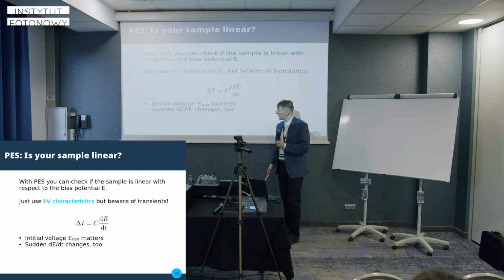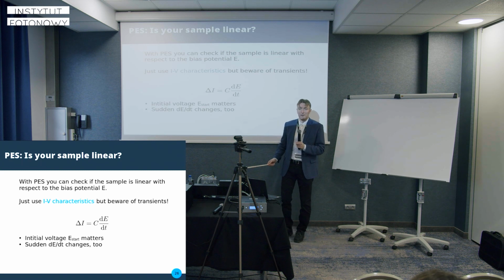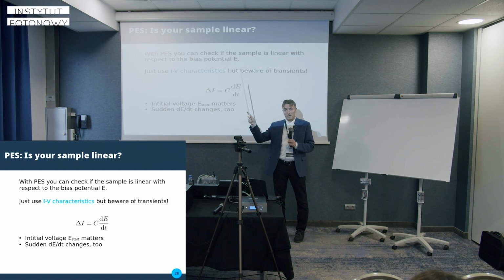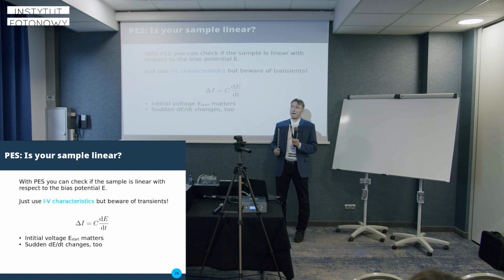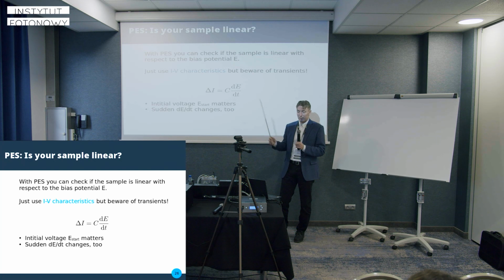Okay. So we know that when the sweep speed changes, like from positive to negative, we have kind of nonlinear behavior. And when we don't control the initial voltage of the sample, it also may result in some spikes.